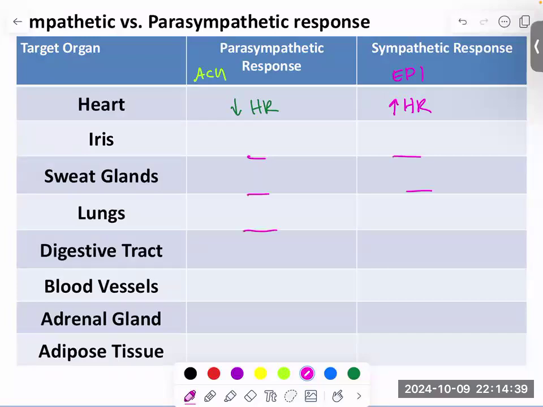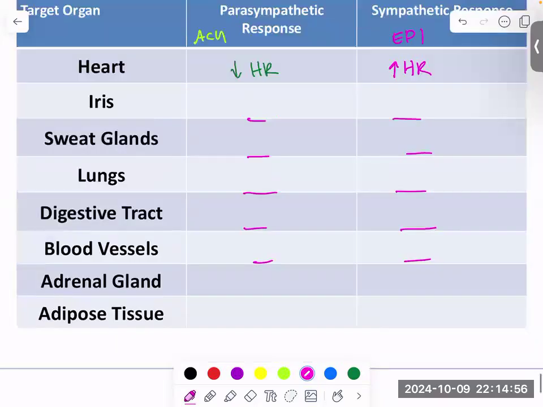This one should make sense for the lungs. Digestive tract, we talked about it. Blood vessels, I need you to think about it. What is it going to do? Depends is the right answer, right? What is it going to do to the adrenal gland? By the way, this is why it used to be called adrenaline, because the adrenal gland releases a lot of epinephrine.